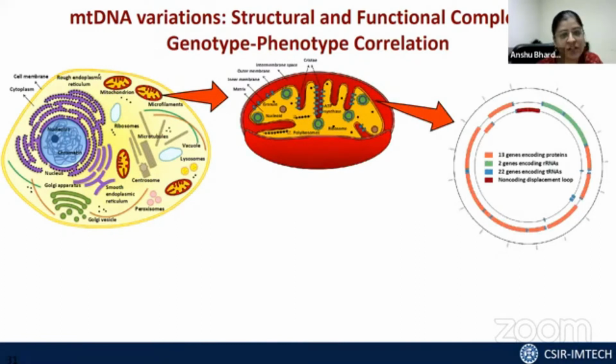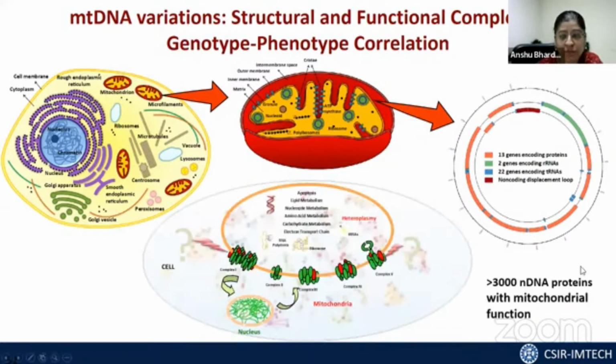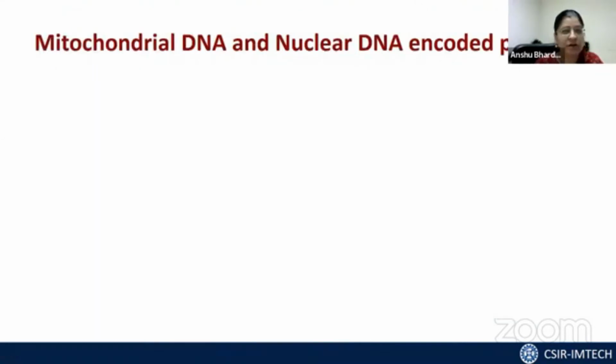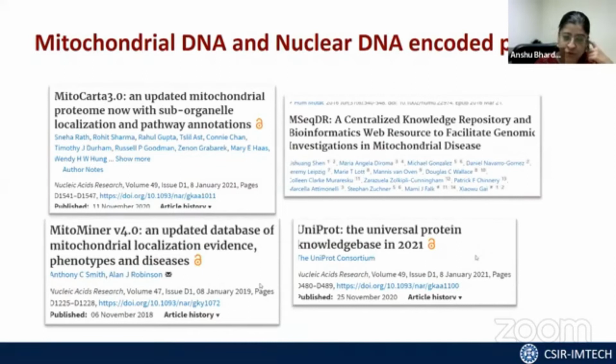The second logical thing was to look at more than 3,000 proteins which are coded by nuclear DNA but have a mitochondrial function, to see the holistic impact of variation in an individual, both for nuclear and mitochondrial DNA, for disease association studies. Here we used several resources to identify which nuclear encoded proteins have mitochondrial function.